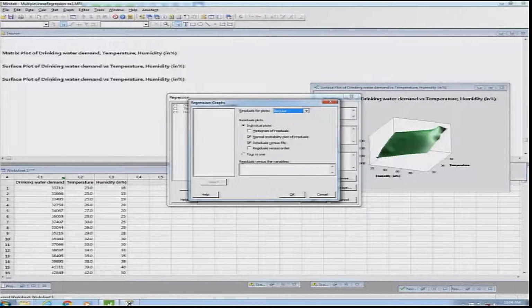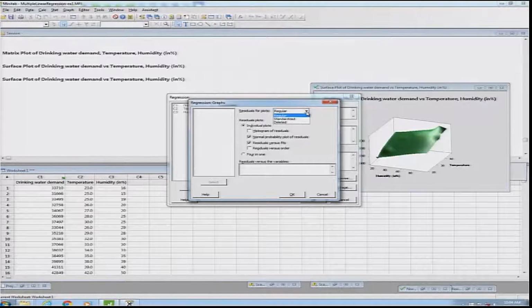But in this case, I would be more interested in knowing whether the observations originate from a normal distribution or not. Then I would try to have a plot for the residuals versus fit, so that I can decide on the presence of heteroscedasticity in my model. Similarly, for the residual versus order, we have a time series plot. So we can have all these things.